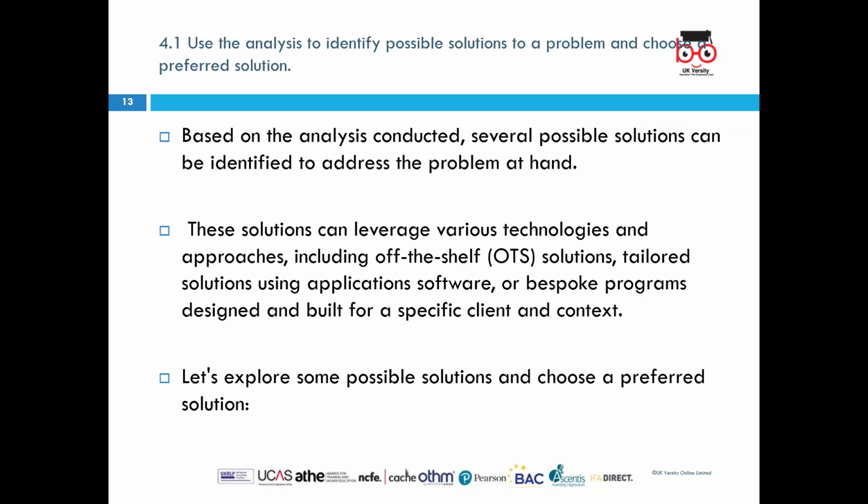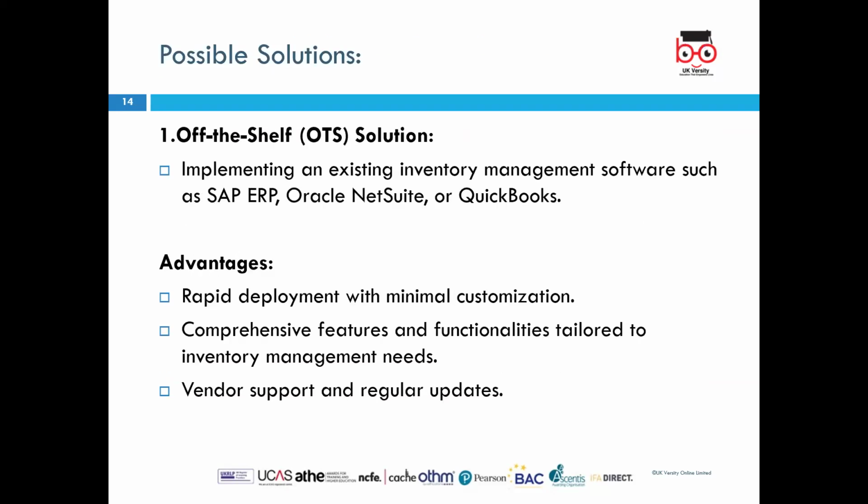So there are 4 types of ways, technologies that can be used to solve our problems. As we said, we have off-the-shelf solutions, where we're going to implement existing inventory management software, such as Oracle, NetSuite, QuickBooks, and so on.